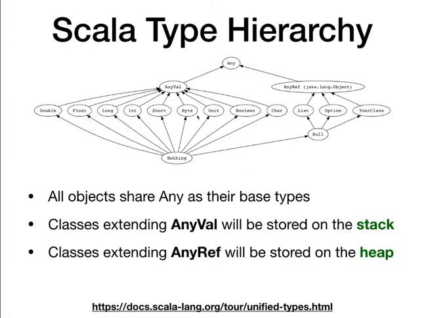And when we pass values of any of these types, they're going to be passed by value. We're going to give the entire value, a copy of that value, to the calling method. For AnyRef, which is literally anything else, it's going to go on the heap, and we're only going to work with references to those objects.